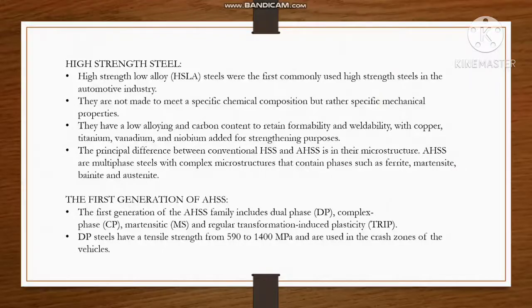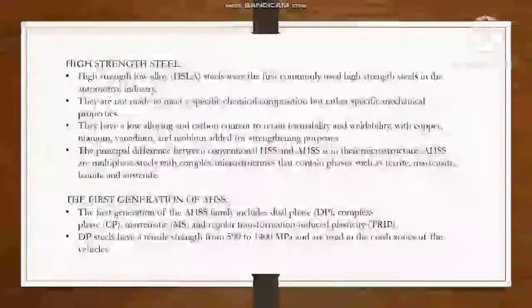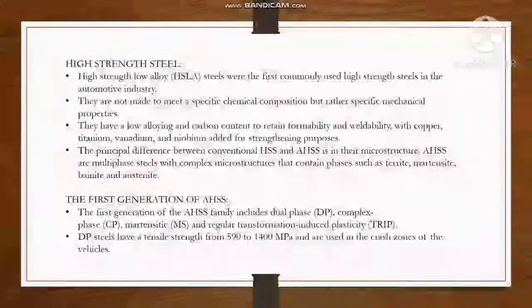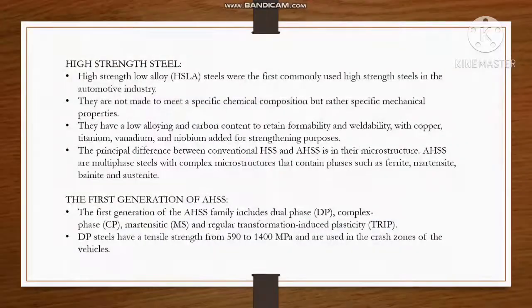They have a low alloying and carbon content to retain formability and weldability, with copper, titanium, vanadium, and niobium added for strengthening purposes. The principal difference between conventional HSS and AHSS is in their microstructure.